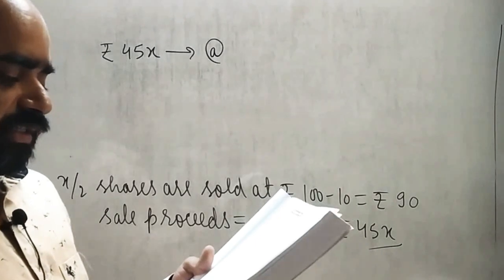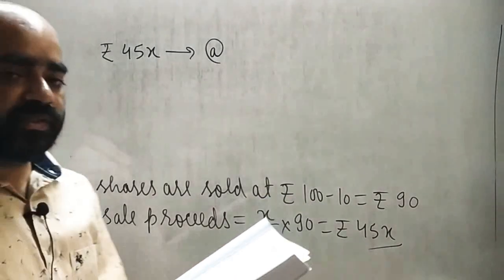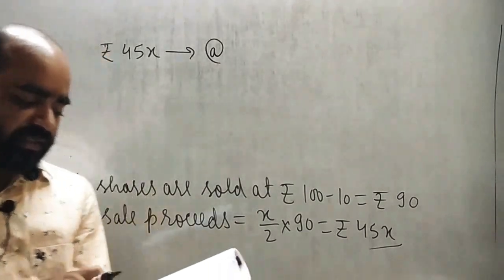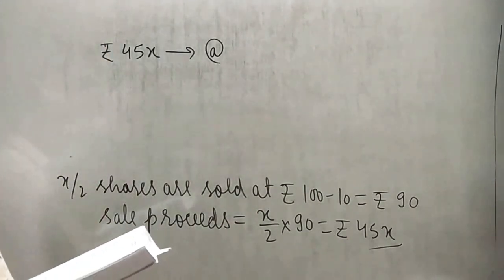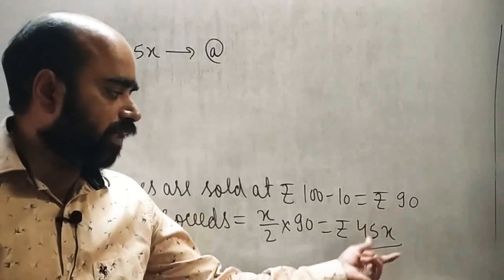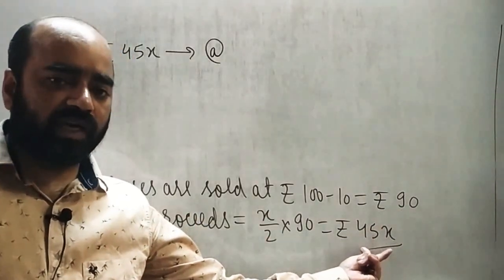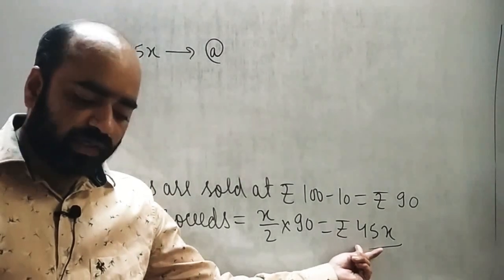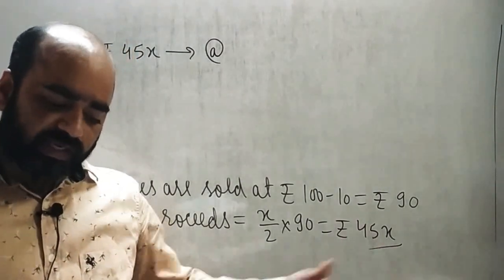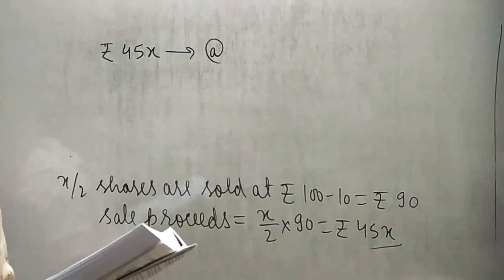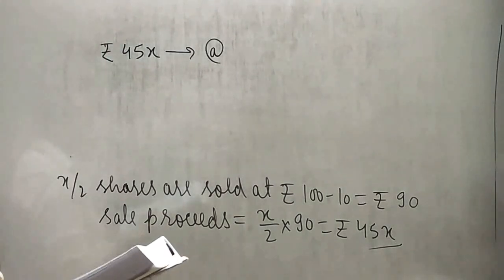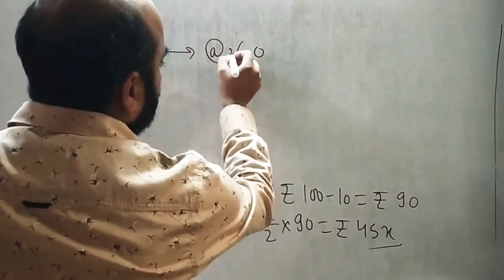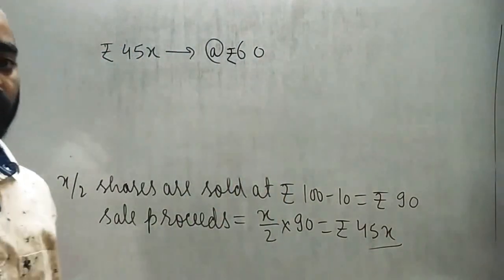See, he sells half of these shares at a discount of 10%. After selling at a discount of 10%, the sale proceeds he has is 45x. Now this amount is to be invested in ₹50 shares at a premium of ₹10. It means at the rate of ₹60.